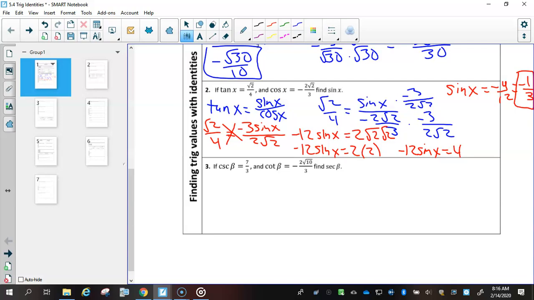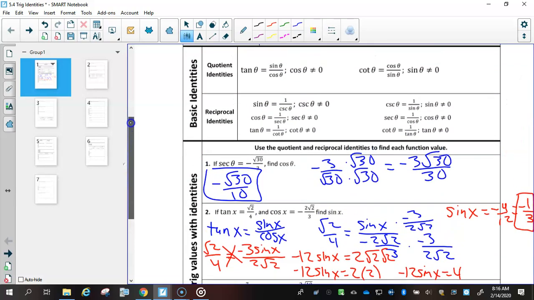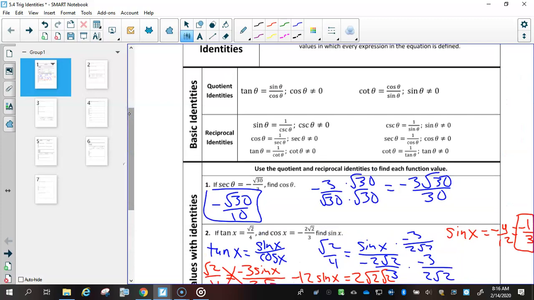Before we jump into this one, I want to go back up to our quotients, and we're going to manipulate it a little bit by using our reciprocals. Because I know that sine equals 1 over cosecant.